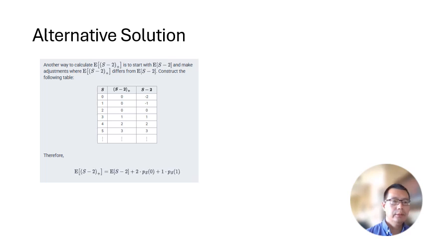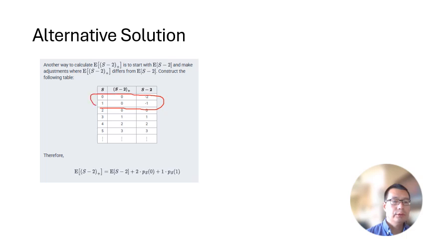Alternatively, to calculate the expected value of (S minus 2)+, we start with the expected value of S minus 2 and make an adjustment where there's a difference between (S minus 2)+ and S minus 2. We can construct a table like this, and we can see the difference only lies in the first two rows.